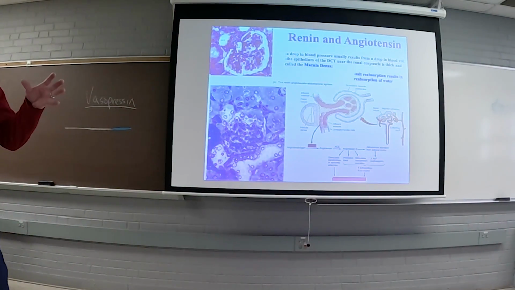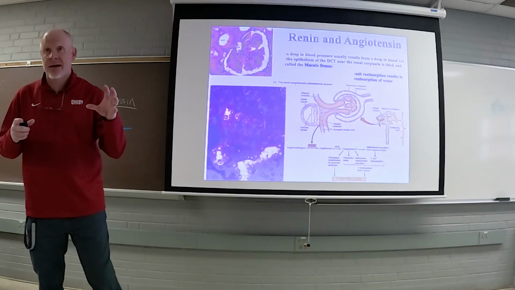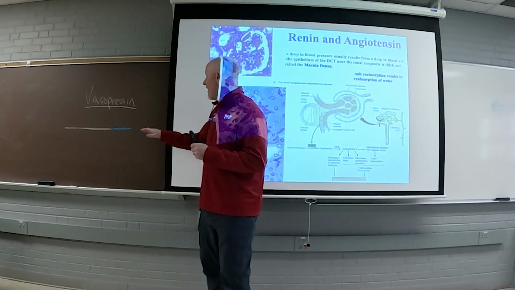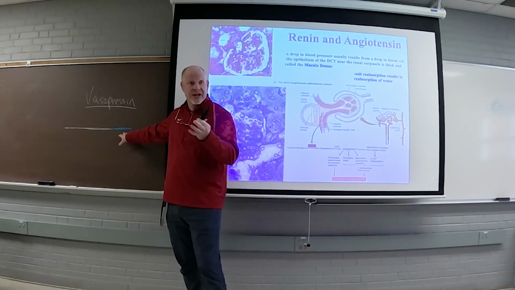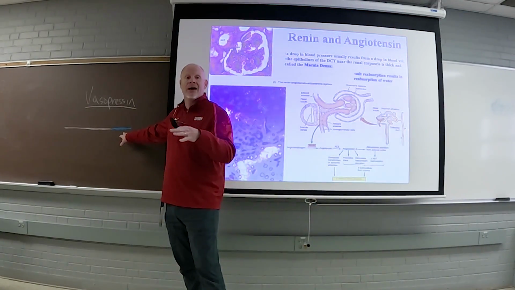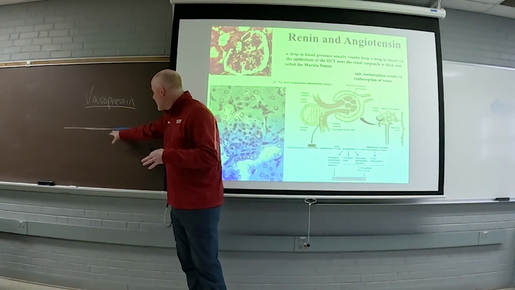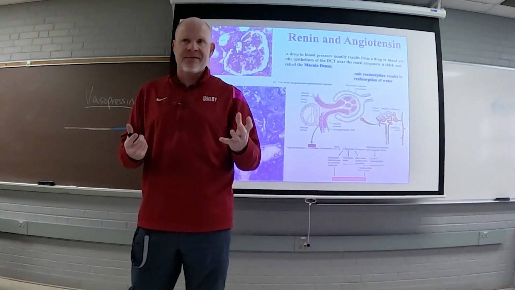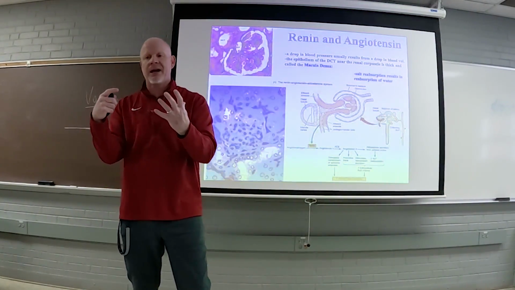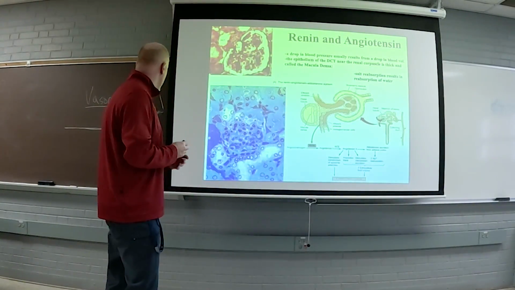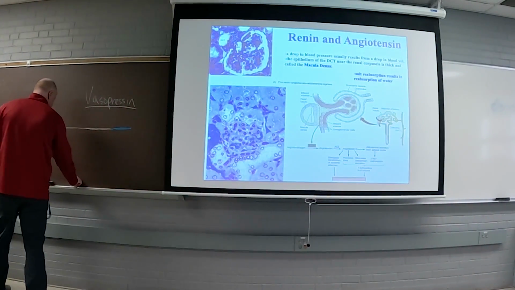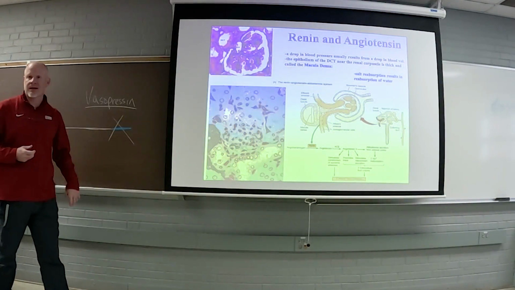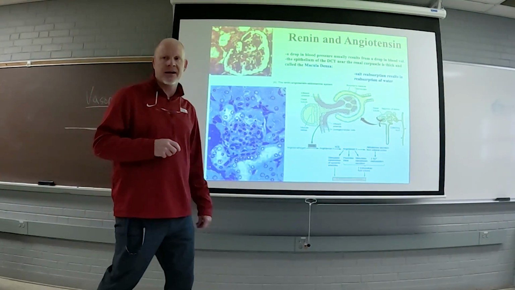A lot of proteins are produced in an inactive state, and the easiest way to do that is to prevent protein folding, because we know the three-dimensional shape is what allows them to do what they do. So if I add some insignificant amino acids on the end, they prevent the protein from folding and it doesn't work. What renin does is come in and cleave those amino acids off the end of the protein.